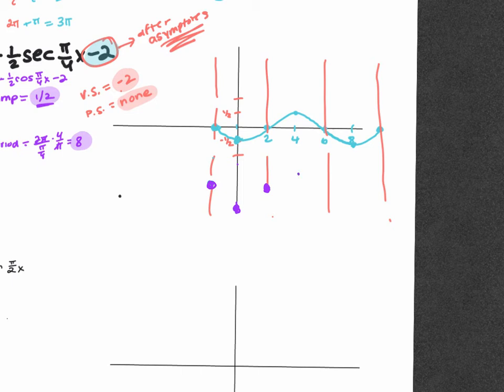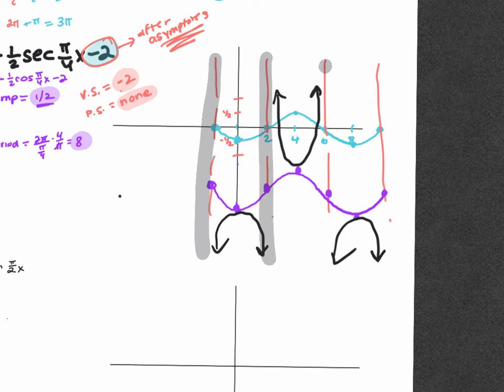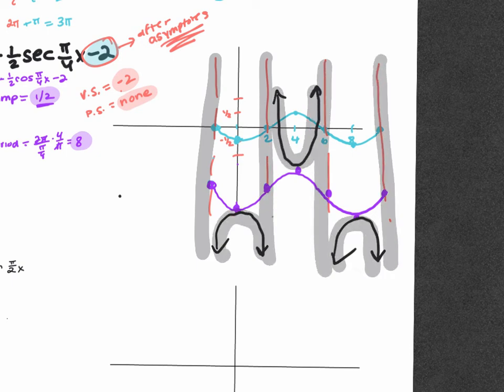Then -2, -1.5, -2, -2.5, and -2. So now my curve is here, and the curves bounce off of it. So this is my overall answer: 4 asymptotes, 3 curves.